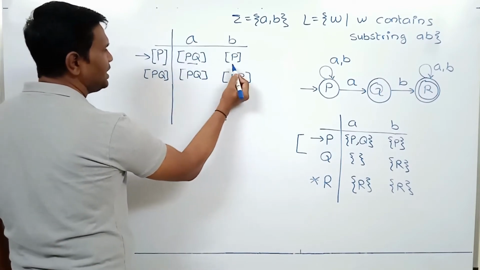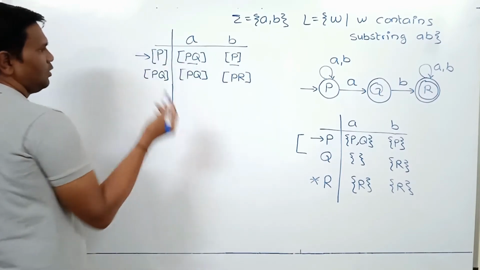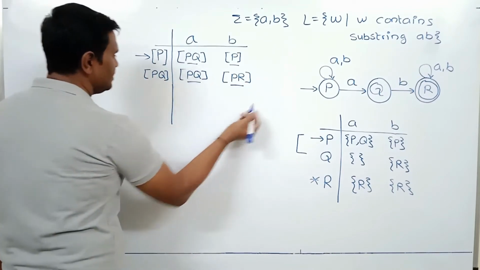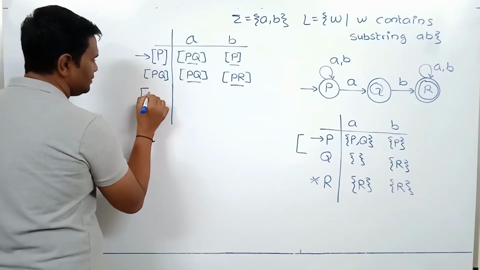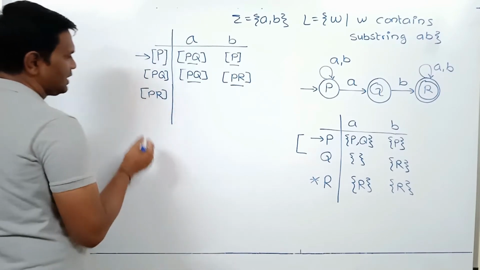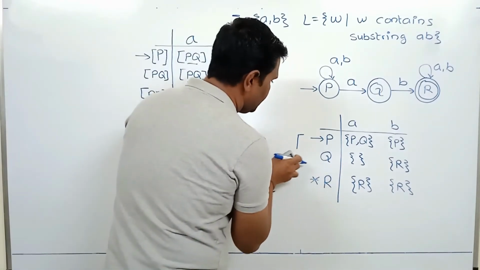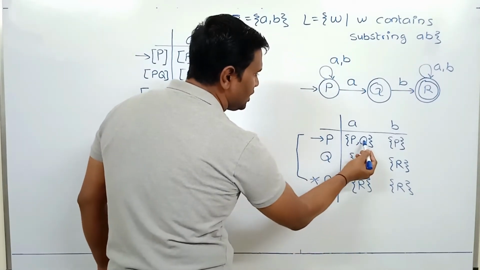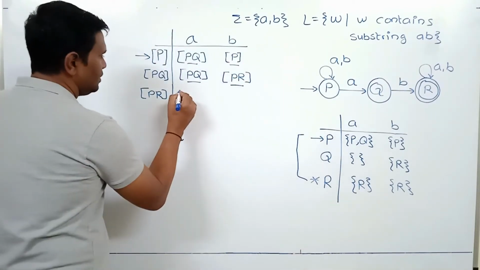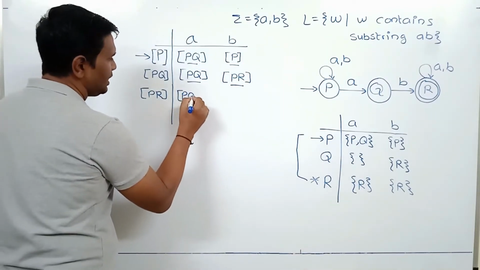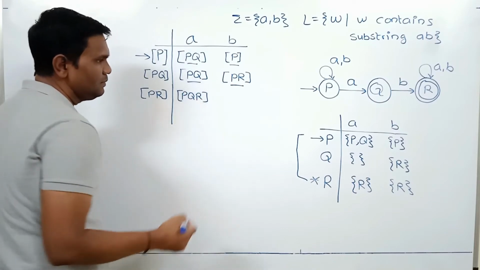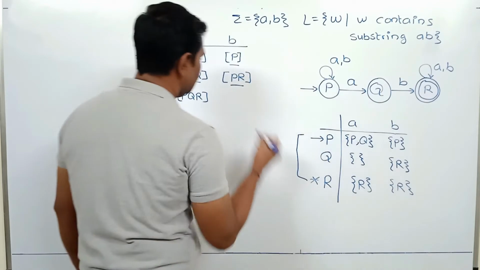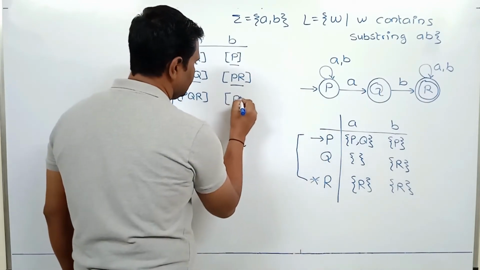Next reachable state from P is P, which is already here. Next is PQ, already here. Next is PR. For transitions of PR, we have to make union of transitions of states P and R in NFA. PQ union R, we get state PQR in DFA. For transitions on B, P union R, we get PR.